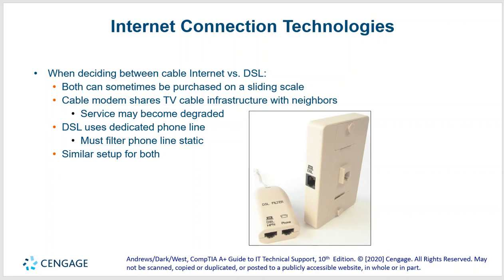Cable modem shares cable infrastructure with the neighbours, so it can be slowed down if a lot of others are using it at the same time. DSL uses your phone line, and it must filter phone line static. Back in the old days when we had dial-up, one person would pick up the phone while you're on the internet and you'd lose your connection.